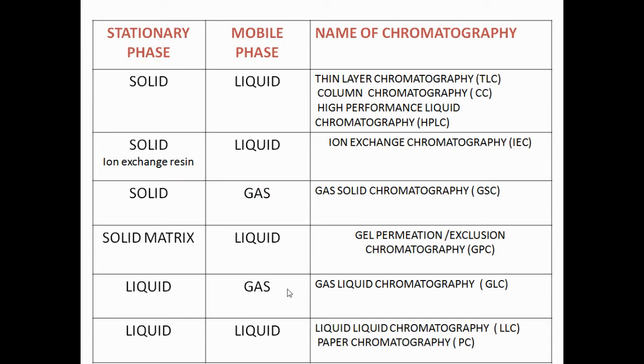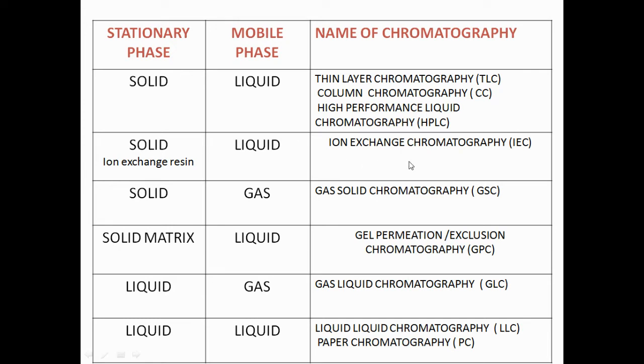Now here the various techniques of chromatography you can see in this slide, where the stationary phase and mobile phase are different. Suppose you are taking TLC, thin layer chromatography, column chromatography, or HPLC; in all these three cases, the stationary phase is solid and the mobile phase is liquid.